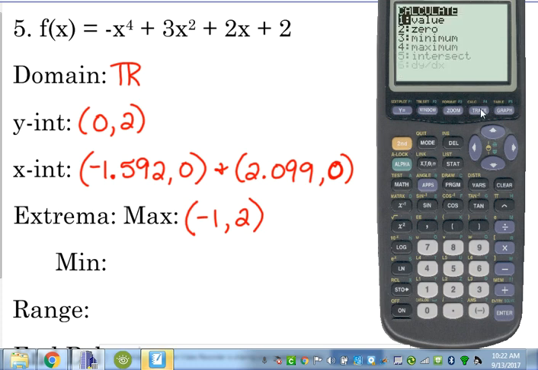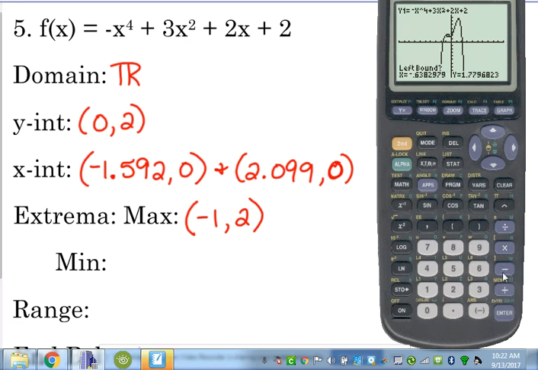All right, since we're moving left to right, let's find the minimum that's there in the middle. There's nothing magical about the order that I'm doing these in. It's just the order I like to do it. That minimum is (-0.366, 1.652).